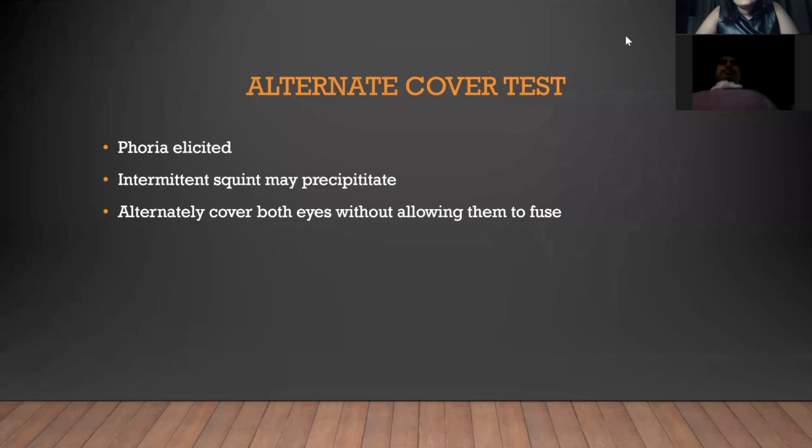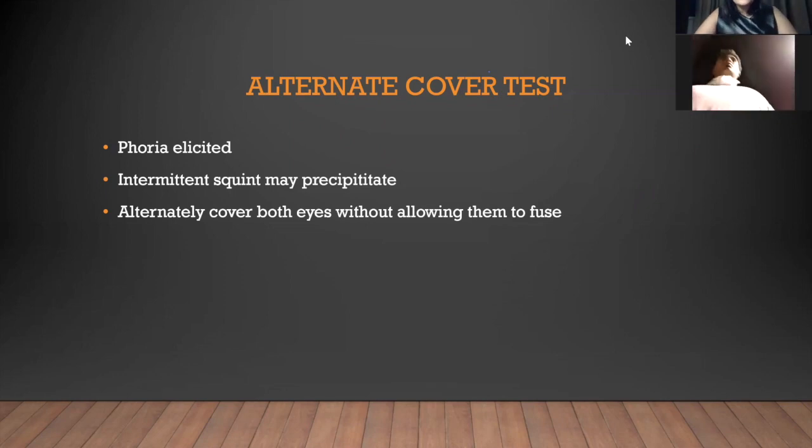And if you have an intermittent squint, you will start precipitating it because you're going to continuously break the fusion. What you want to do in this test is alternately cover each eye without allowing them to fuse in the middle. That means you want to occlude and quickly shift the occluder to the other eye, wherein never are the two eyes allowed to look together. Okay? So you're breaking the fusion as much as possible.